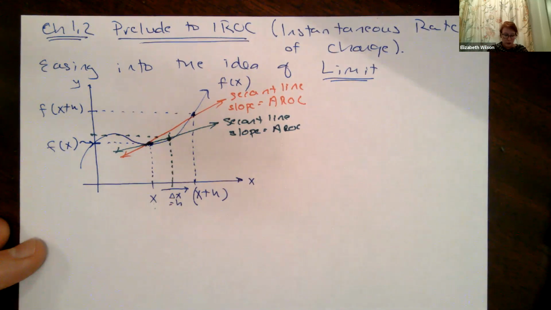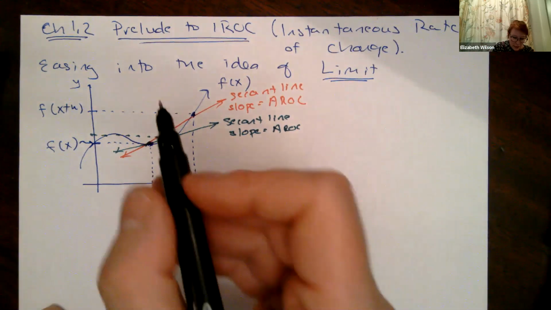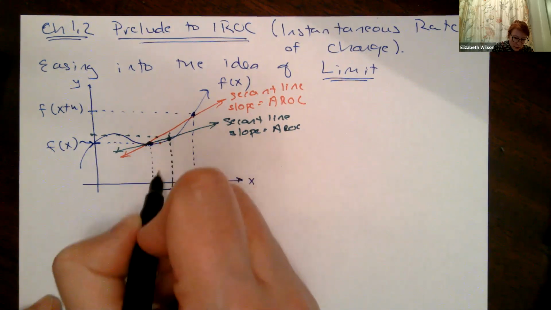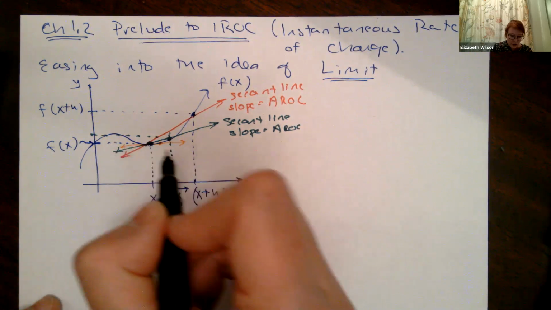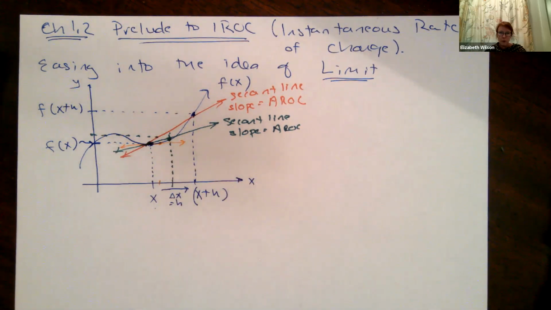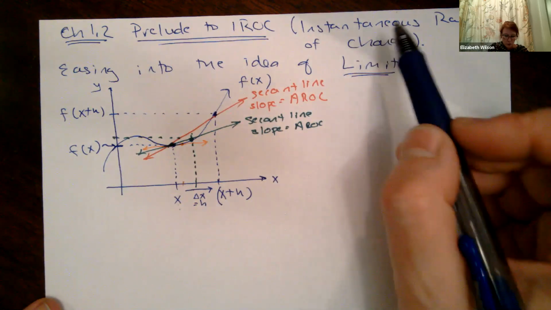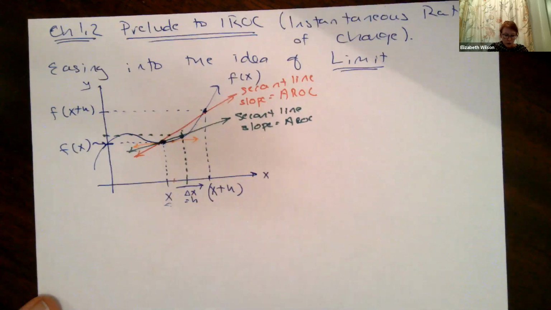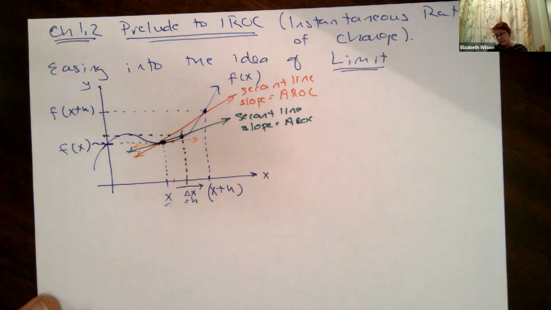I went a little bit closer, and then I can just keep going, making all of these different secant lines. I go a little bit smaller, I've got another secant line, and so on and so forth. The whole point is that my instantaneous rate of change says what's happening at x. What's the rate of change of our function f of x at x?